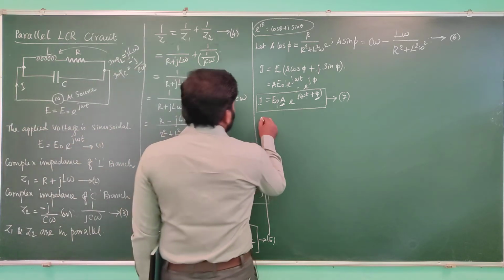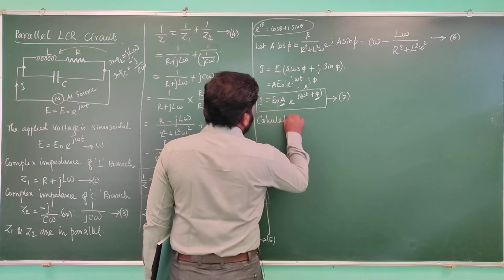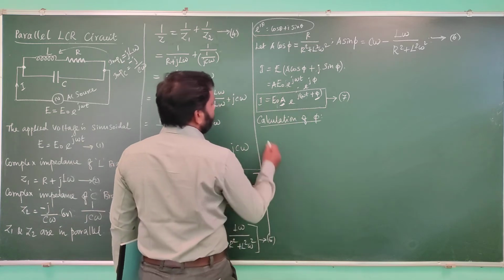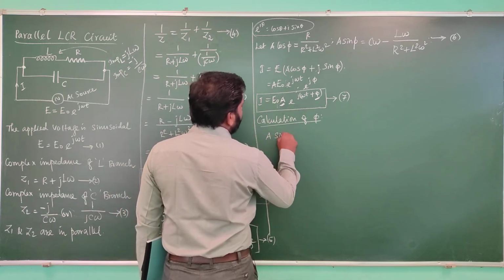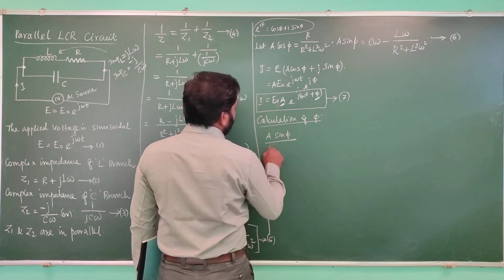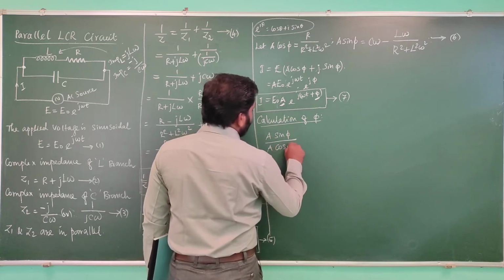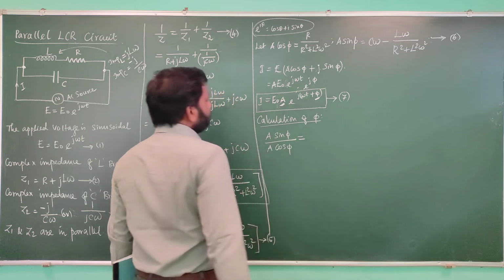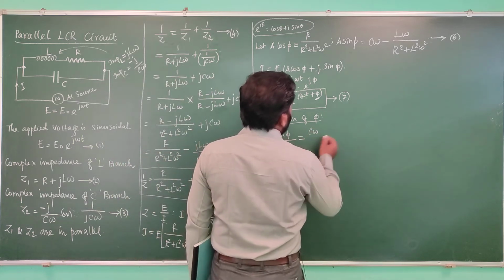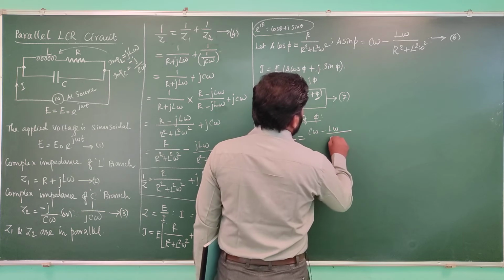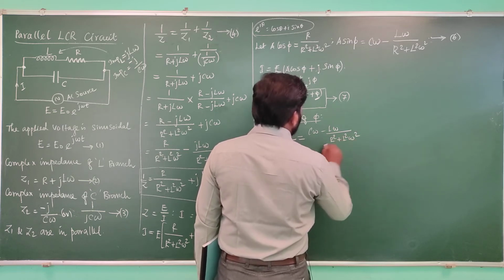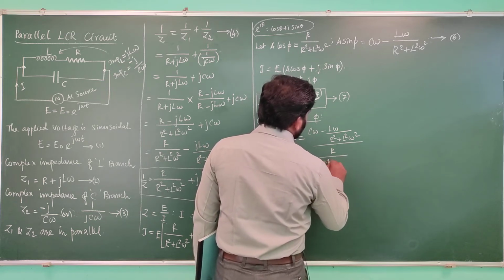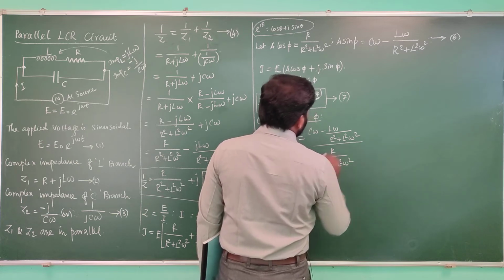First, calculation of phi. How to calculate phi? Let's take A sin phi and divide it by A cos phi. This is equal to (C omega minus L omega divided by R square plus L square omega square) divided by (R divided by R square plus L square omega square).